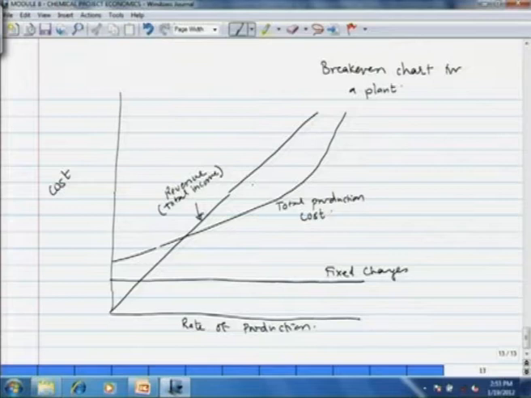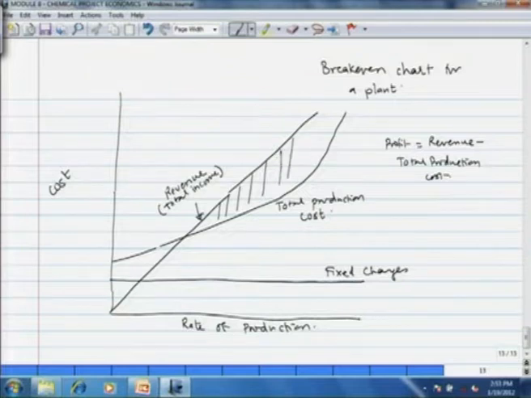Now obviously the profit is equal to the revenue minus the total production cost. Therefore, the region between the production curve and the revenue line, the one which I am hatching now, is the profit region.